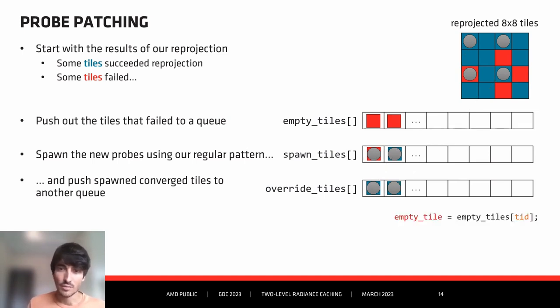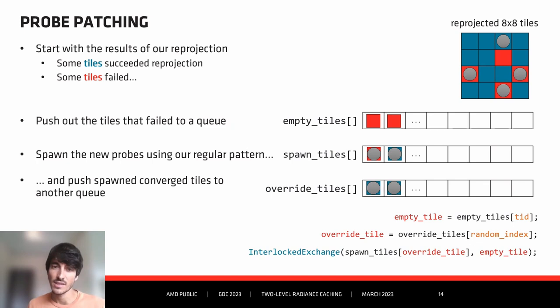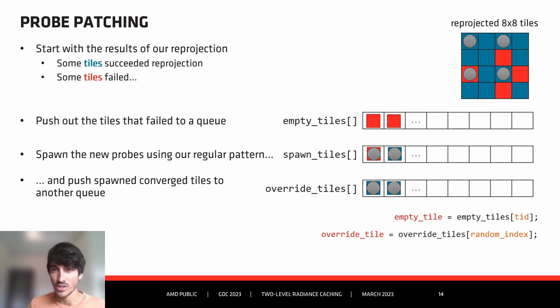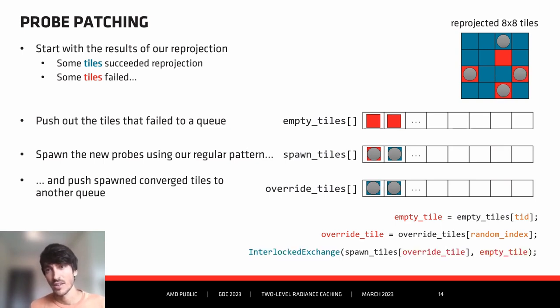So now we can go wide over the empty tiles, pick up a random override tile, and with a single atomic exchange, we just patch our list of spawn tiles. So if you look at the top diagram, as I remove the atomic exchange, you can see these two probes in the diagonal are back in their position, and as I re-enable the atomic exchange, they're repurposed towards filling the hole.